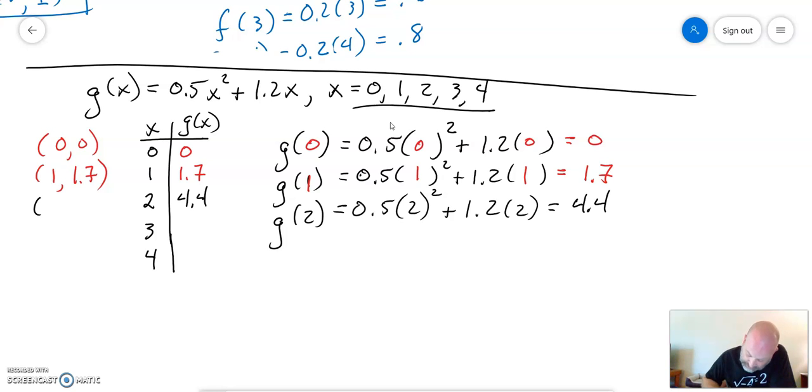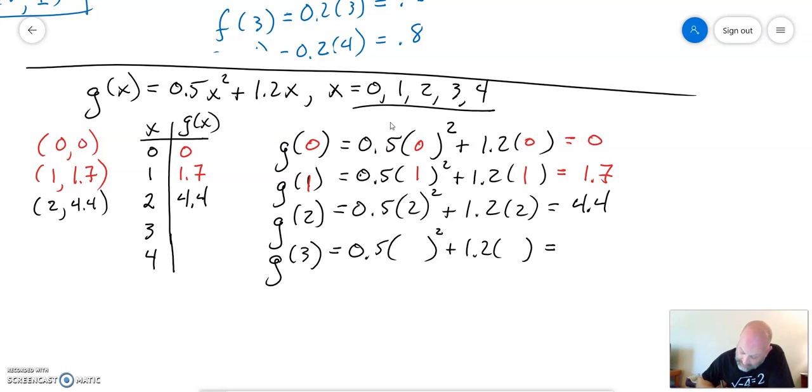So my next point is (2, 4.4). For g of 3, I have 0.5 times a blank squared plus 1.2 times something, and that something is 3, so I write that in. You can just plug it into your calculator, and that comes out to 8.1. So my next point is (3, 8.1).